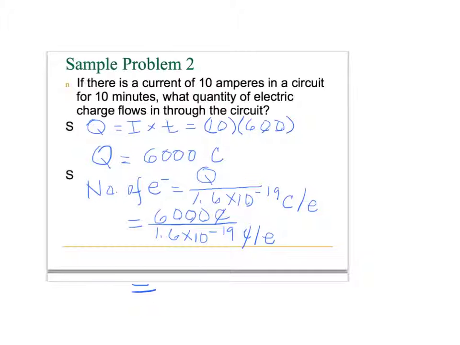The answer is 3.75 times 10 to the 22nd electrons. So this is the number of electrons that is actually flowing for that given charge if we have 10 amps of electricity.